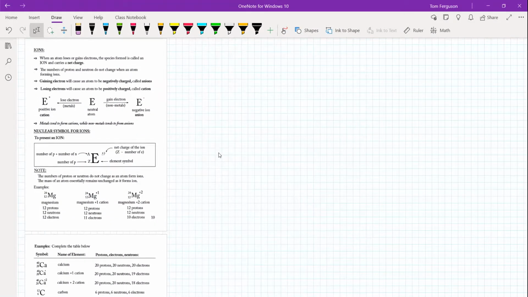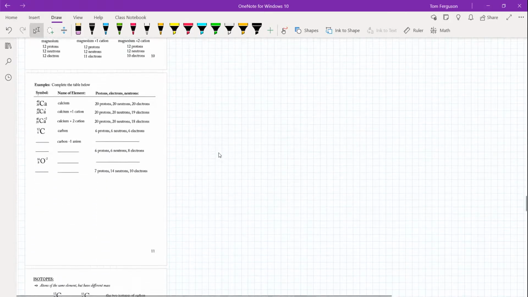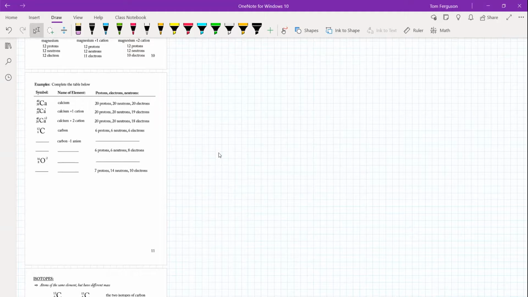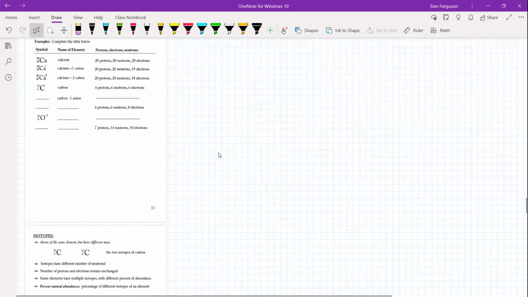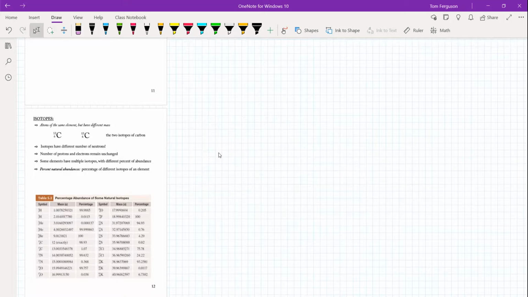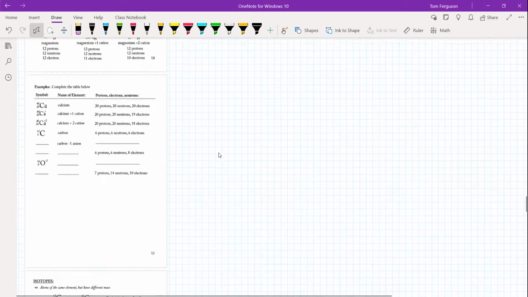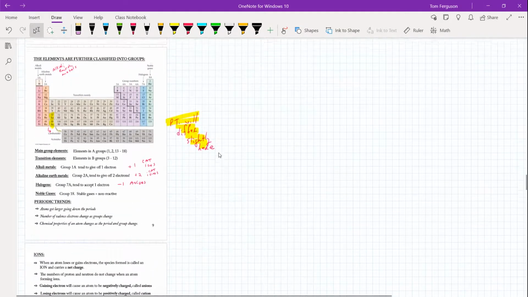And again, we're going to go back to protons, neutrons, electrons, and do the same sort of thing again. Also, we're going to talk about isotopes. We kind of already introduced that a little bit. We'll talk in more detail about that.